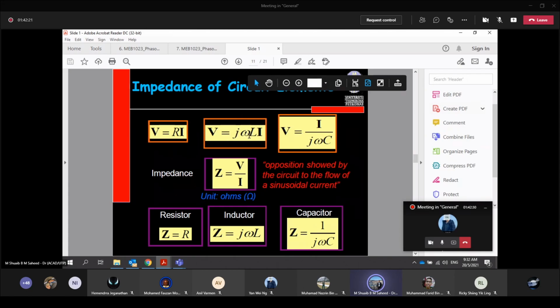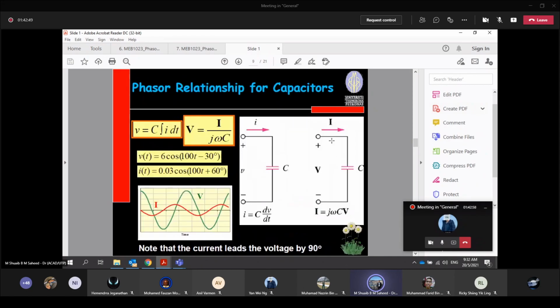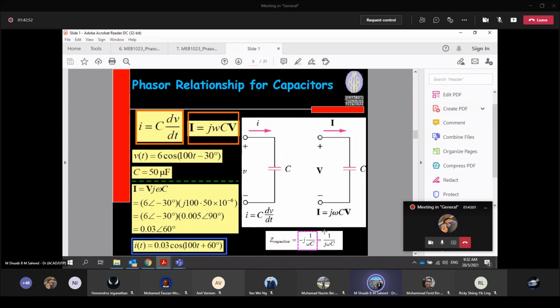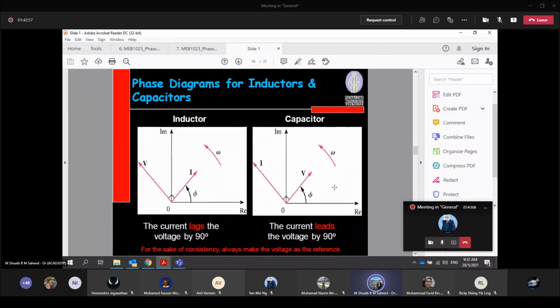V equals j omega L I, and for capacitors it will be V equals I over j omega C. The reason is that the reactance for your capacitor is Xc equivalent to 1 over j omega C, or negative j over omega C. So that's why it looks like this. If you're in doubt, go back to the basic. This is your Xc.